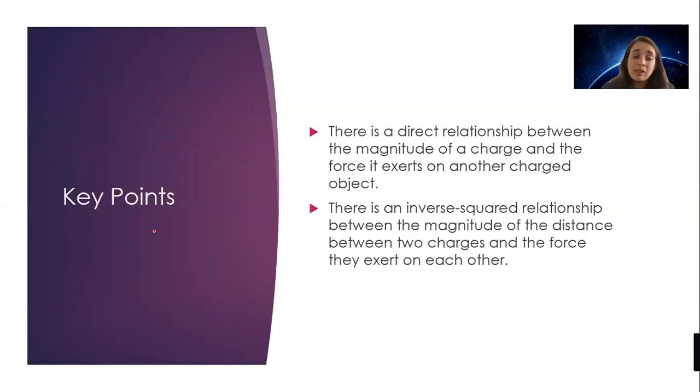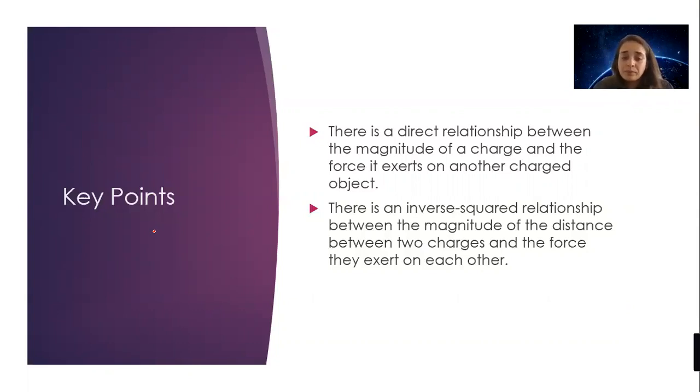Okay, so now let's write down these really important key points into your notebooks. Please write these down as I'm reading them, as you're following along. We saw that there is a direct relationship between the magnitude of the charge and the force it exerts on another charged object. So the two charges are directly related to the force.